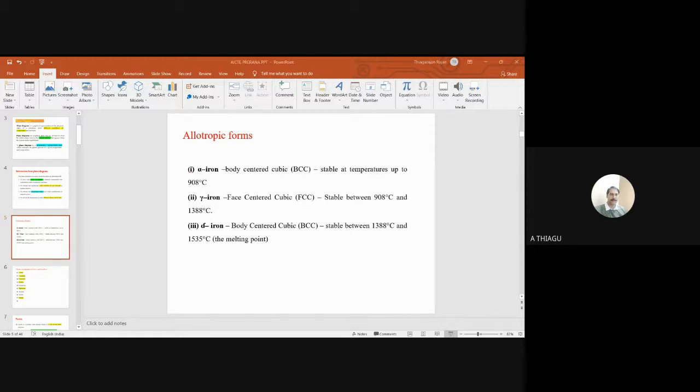So this is the thing we have obtained with the help of the iron carbon diagram. Iron has less than 0.08 percentage of carbon, and steel comes under 0 to 2.14 percentage. Usually they won't make more than 1 weight percentage of carbon.